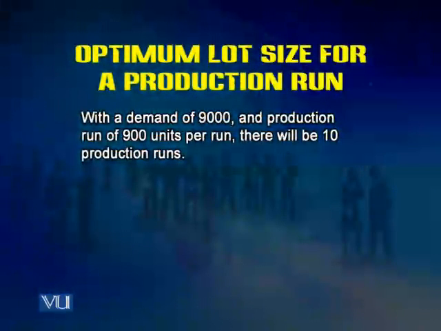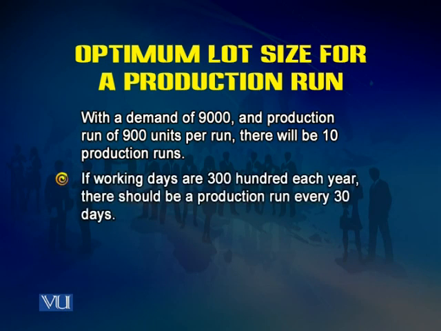Optimum lot size for a production run with a demand of 9,000 and production run of 900 units per run, there will be 10 production runs. If working days are 300 each year, there should be a production run every 30 days. This kind of useful information can be obtained by taking estimates for the batch size.